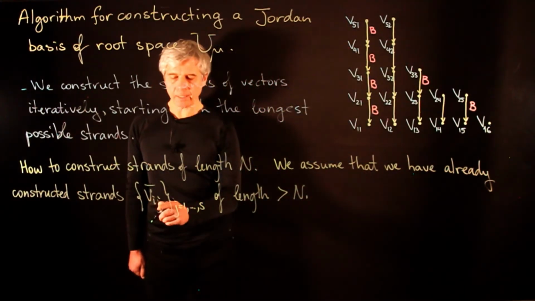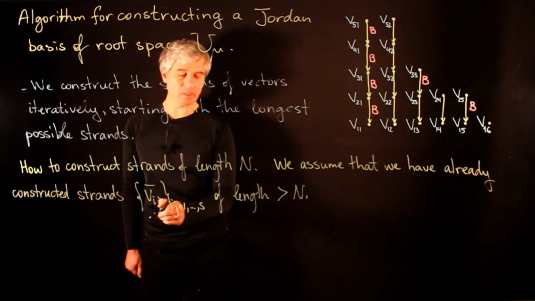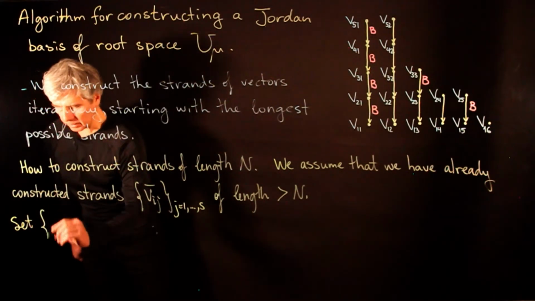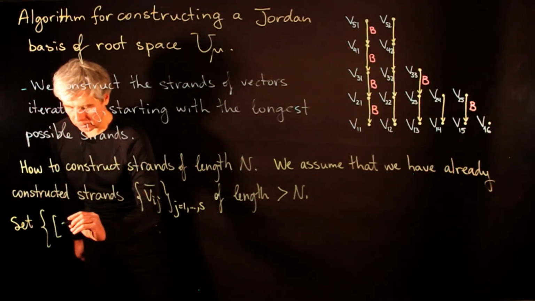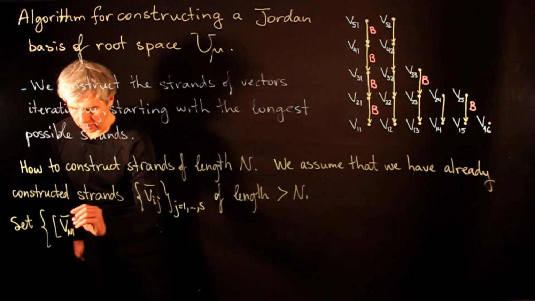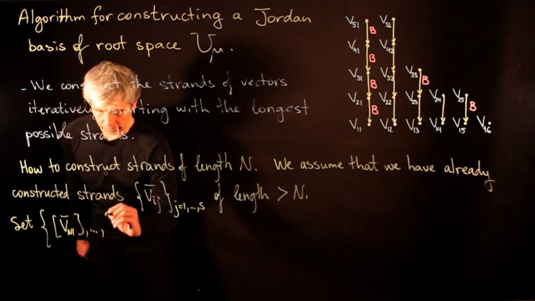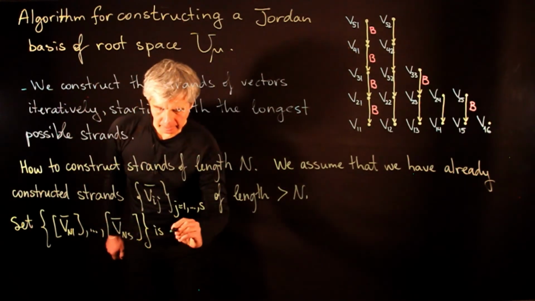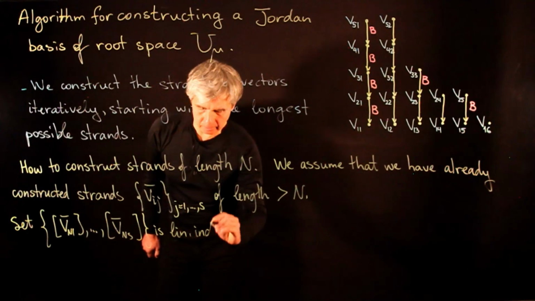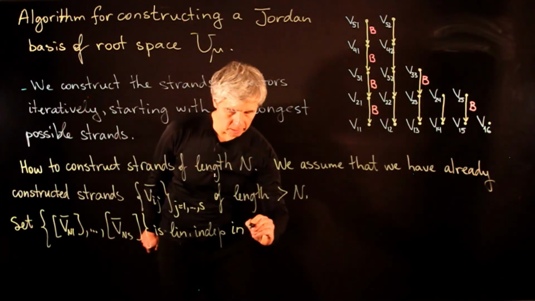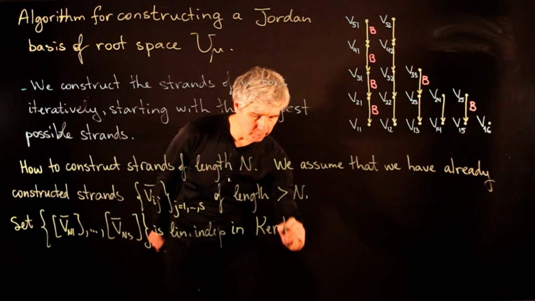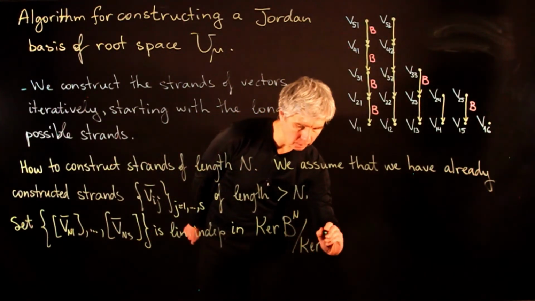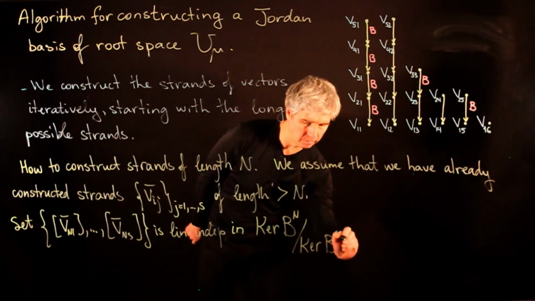Now, if we take vectors at level n in these previously constructed strands, then the set of equivalence classes of these vectors, V_n1 through V_ns, is linearly independent in the quotient space, kernel of b to the power n, quotient by the kernel of b to the n minus 1.